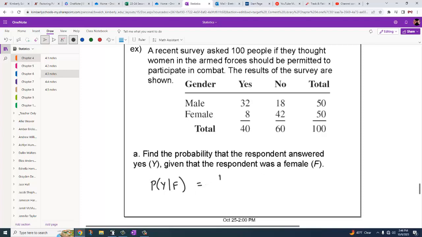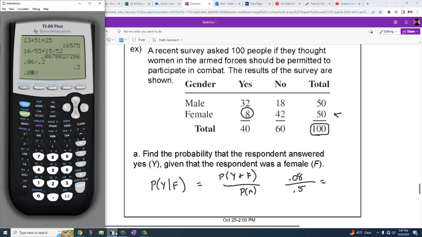That's the probability of Y and F divided by the probability of F. Now we could do this just by analyzing which group to focus on, but the probability of yes and female is 8 out of 100, so that's 0.08, divided by the probability of being female, which is 0.5, because it's 50% of the population. 0.08 divided by 0.5 gives me 0.16.